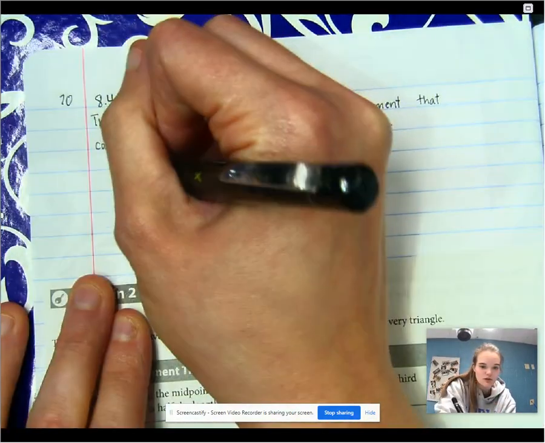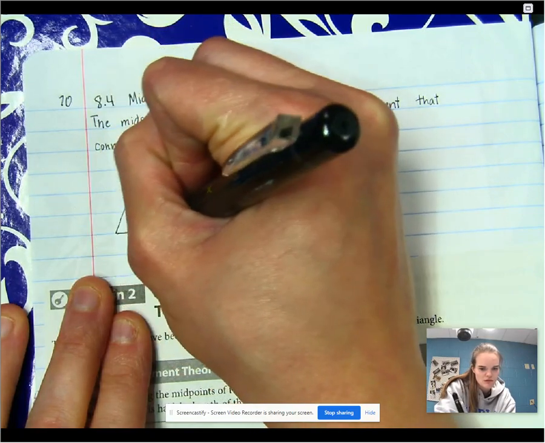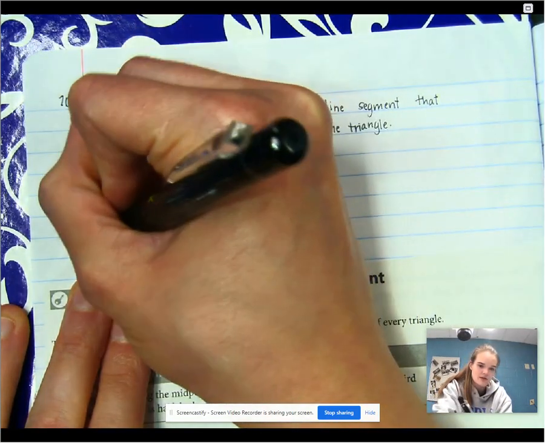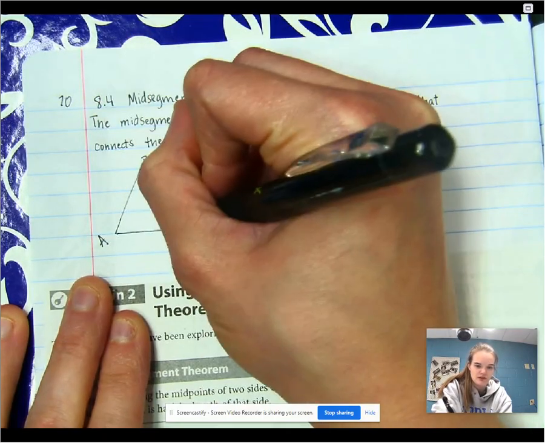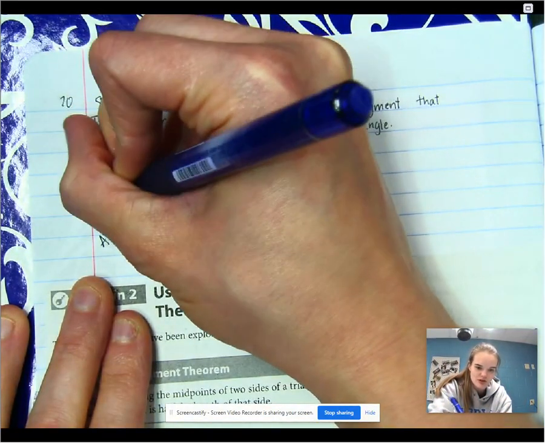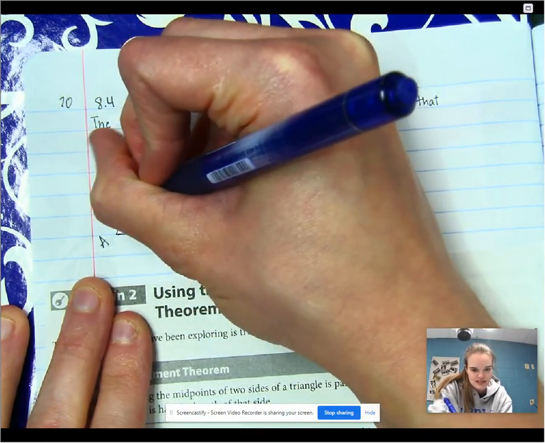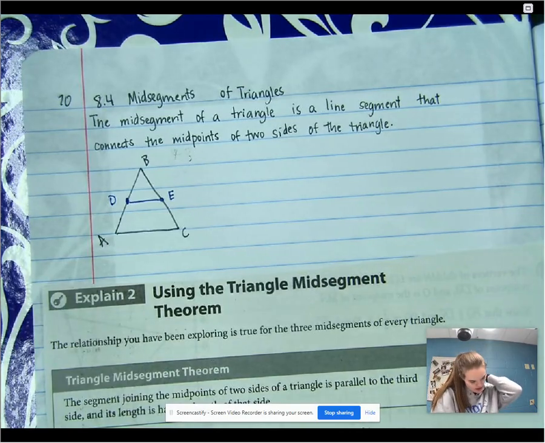Okay, we're going to draw a triangle, A, B, C. I had the midpoint of AB, let's call it D, and the midpoint of BC, and we'll call it E. DE is the midsegment because it's cutting it in half.